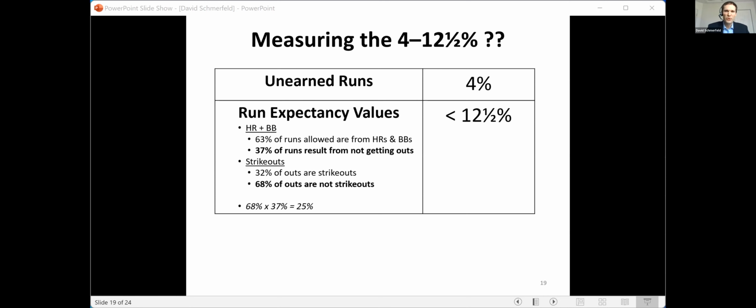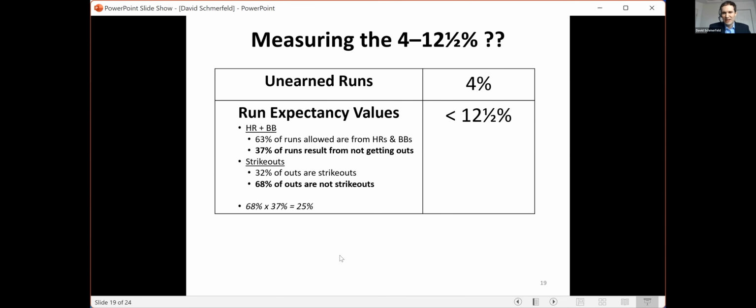So I'd say at most 25% of defense is due to fielding. And remember, again, defense is half of baseball, so you get 12.5%. So I have a range of fielding equaling 4 to 12.5% of baseball. But even 4%, that adds up to 6.5 games. So this is a big advantage if we can get it right.